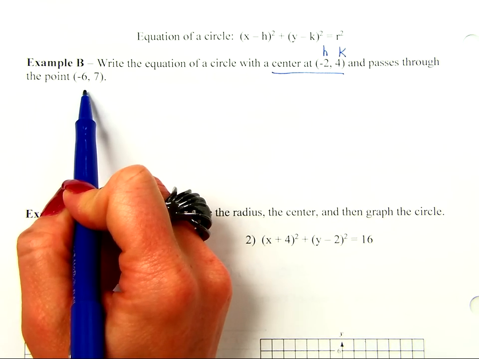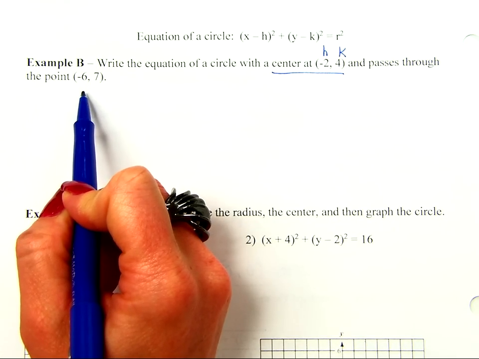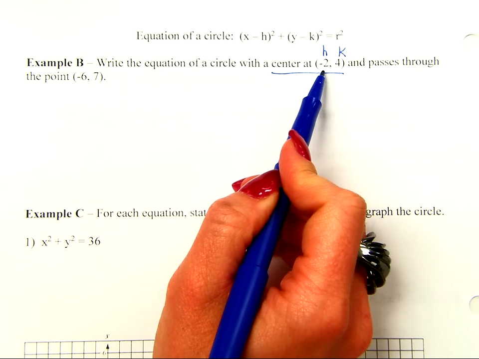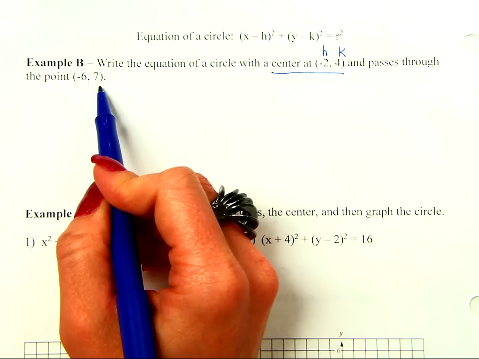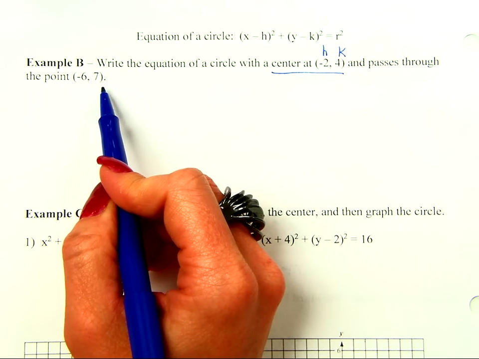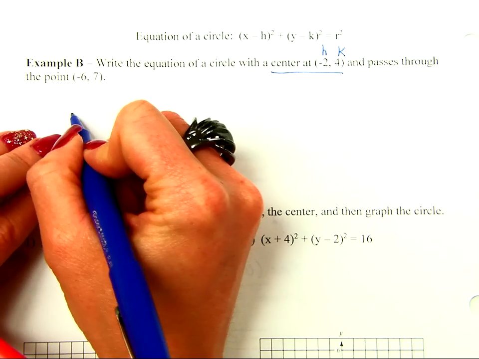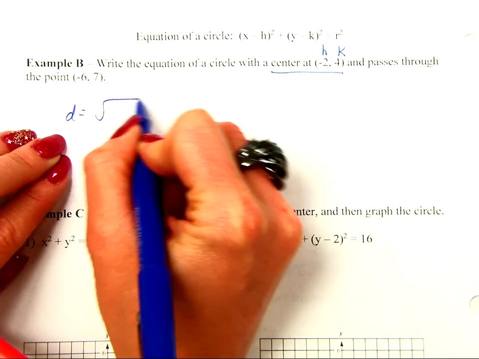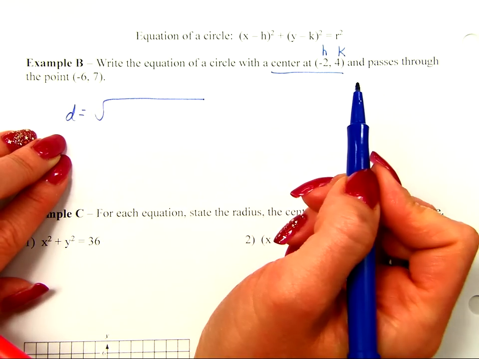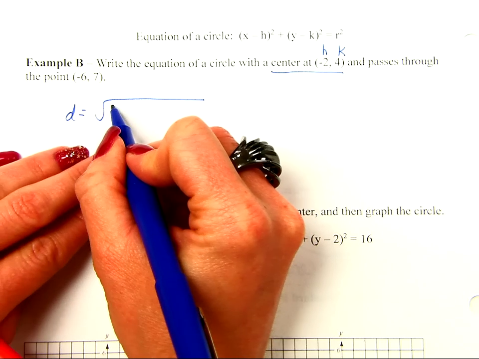So I need to think about how I can determine that. I need to know from the center to this point how long that is. And so we do need to think about using the distance formula with these two coordinates, right? I need to use my distance formula to find the distance from the center to the edge of the circle.